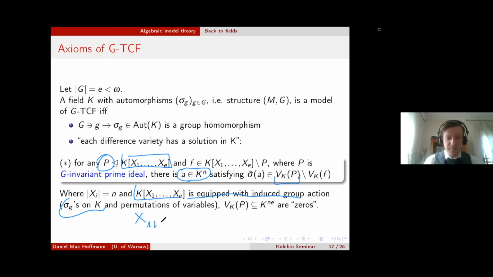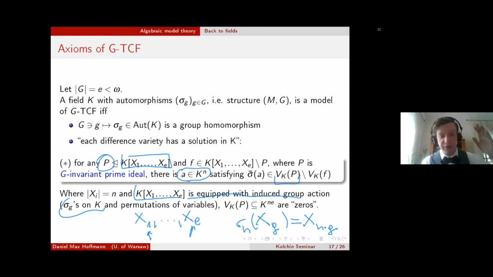Each of these variables corresponds to one element in your group G. In group G you have e many elements, so you can list all elements of G from 1 to e, and then you have these corresponding variables, and you can think of sigma_H acting on x_G as just x_{sigma_H G}. So you permute the variables and act by the sigmas on the coefficients of your polynomials. And that's the natural group action here.